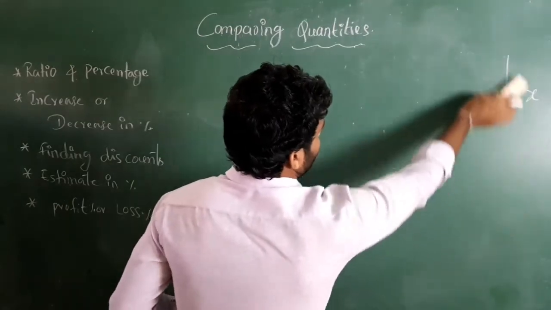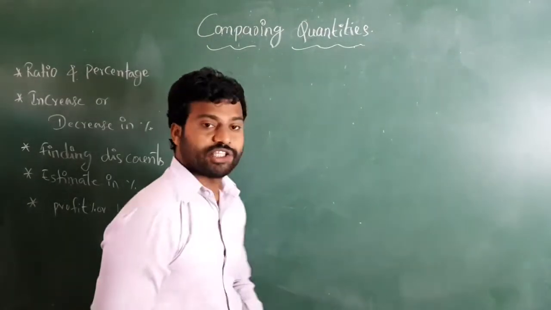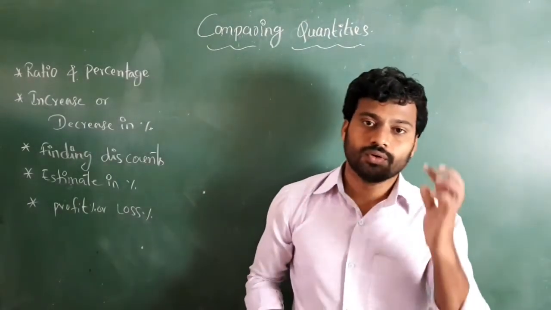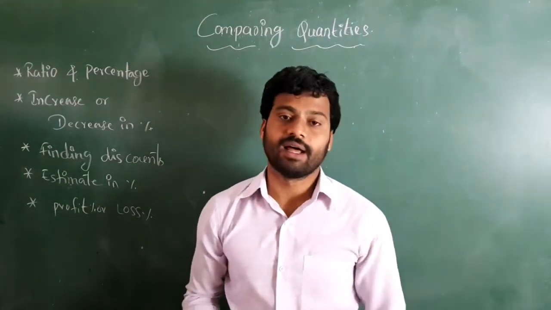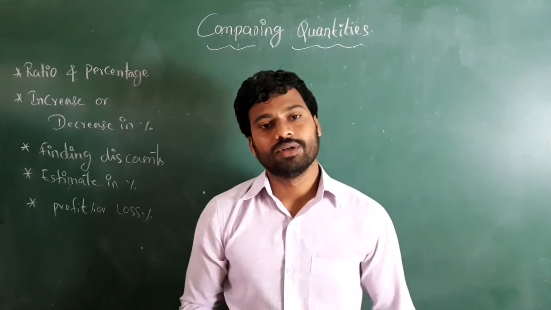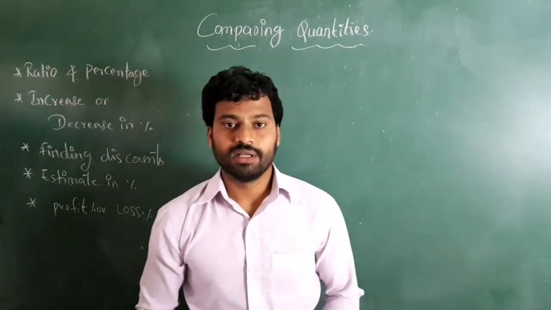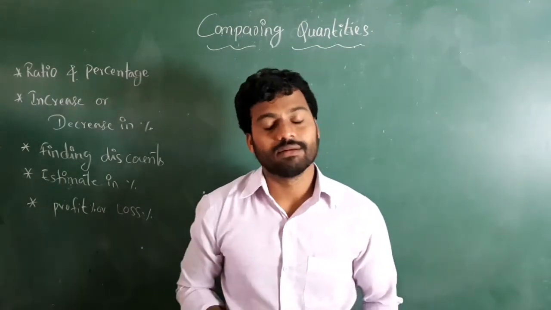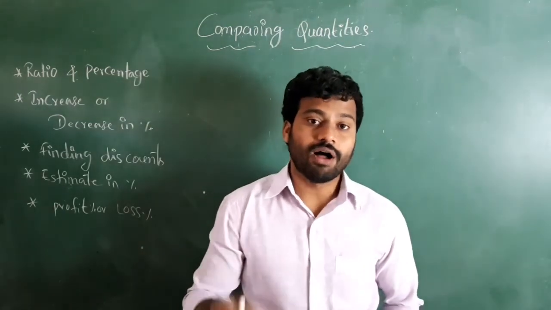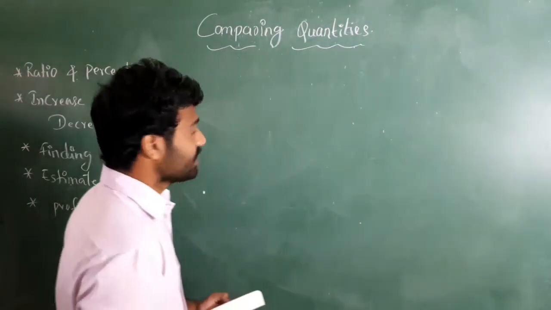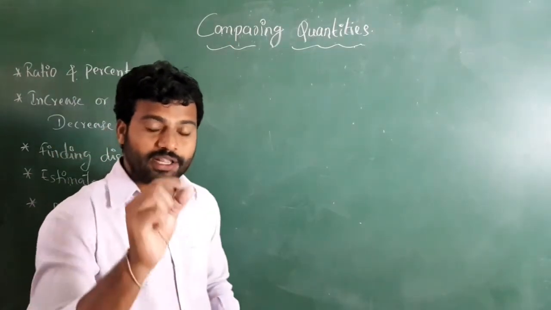Suppose we go to a shop to purchase a shirt or pant or t-shirt or anything. When you go to the shop, you will see the price tag. On that there will be one cost, already an amount on the price tag.